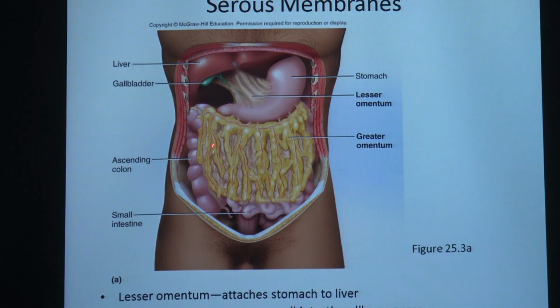So what you see is called the greater omentum, and the greater omentum is made of fatty connective tissue. But embedded in that fatty connective tissue, you will find a large blood supply that is serving the small intestine. So the greater omentum, number one, anchors the small intestine.